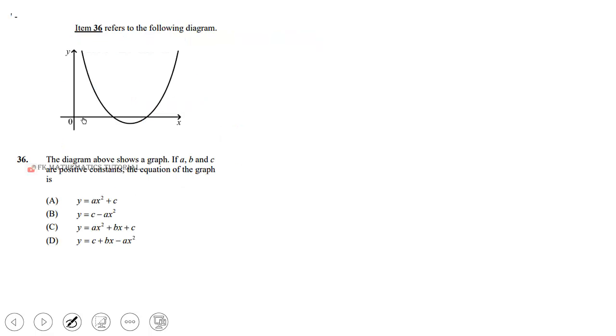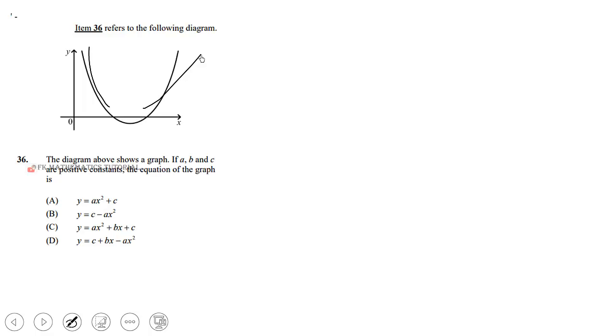Item 36 refers to the following diagram. The diagram above shows a graph. If A, B, and C are positive constants, the equation of the graph is... So because the graph is opening upwards, the A must be positive.